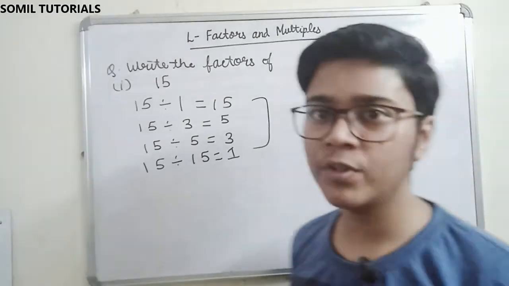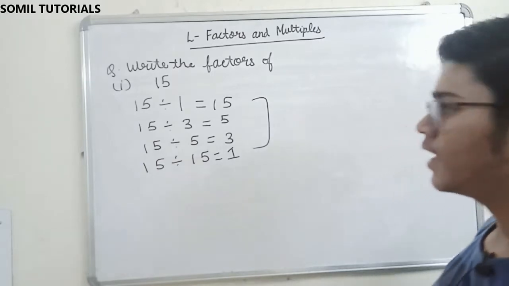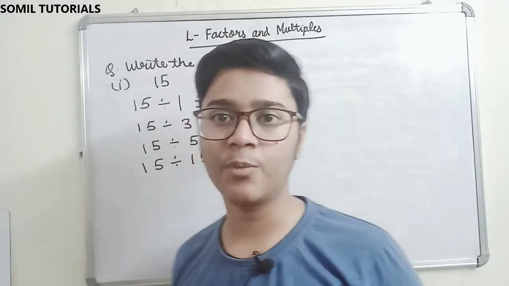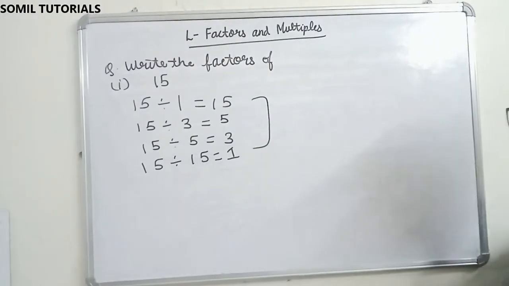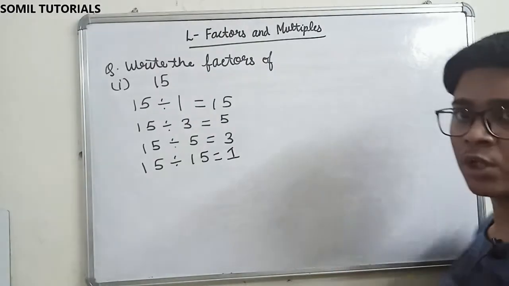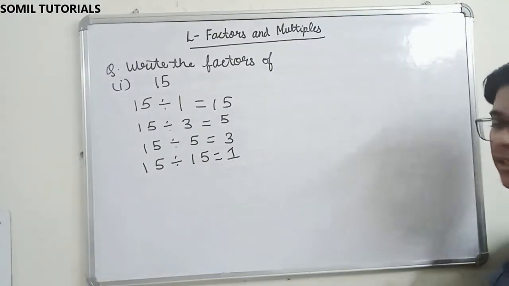Teachers deduct marks of the students because they are not writing the last statement. As in word problems, many students forget to write the last statement, so the teacher deducts 1 mark. If you show just this answer in your exam, you will get marks, but the teacher will deduct marks because you are not writing the last statement.